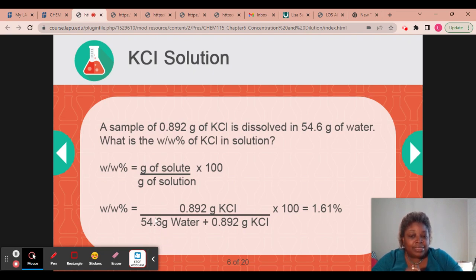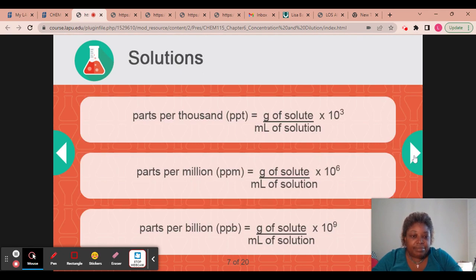Since this only has one decimal place, your answer at the bottom when you add these two numbers should only have one decimal place. So when we take this number divided by the addition here, then we multiply it by 100. You get 1.61% because we needed three significant figures here. So that'll give you an example of that.